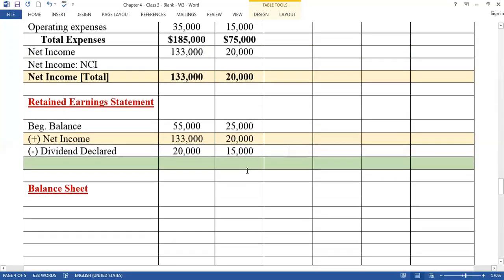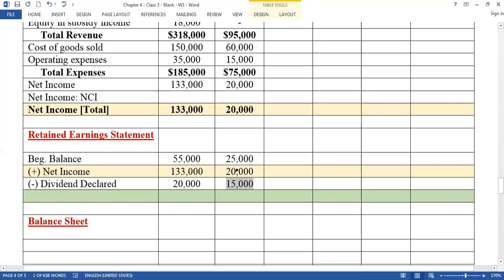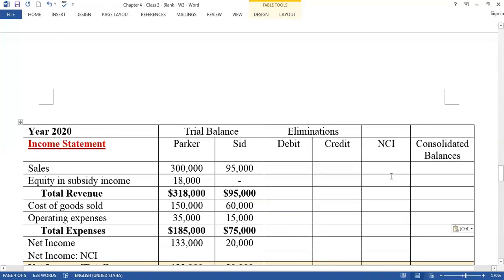Again, for your information, this is the dividend declared by the subsidiary. You can use the minus sign or not, because I already put minus here. 90% is our dividend, and another dividend will come here under the NCI.